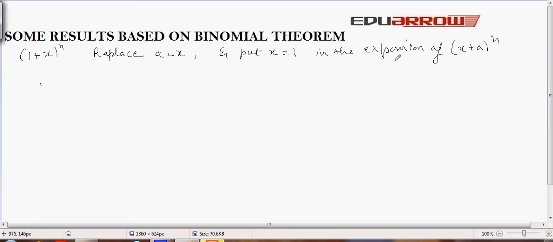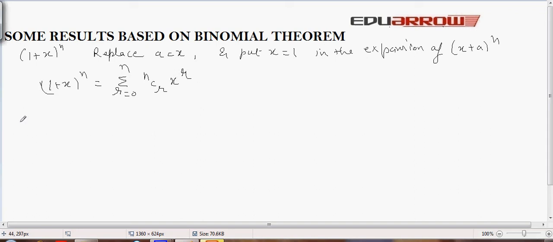So by putting x is equal to 1 and replacing a by x, we can get the expansion of 1 plus x raised to n, which is equal to summation of r is equal to 0 to n nCr and x to the power r.